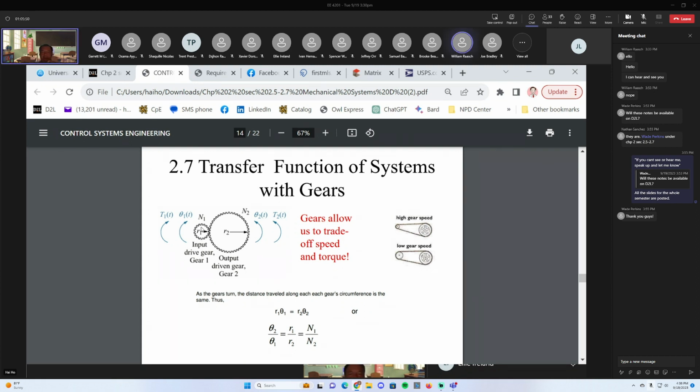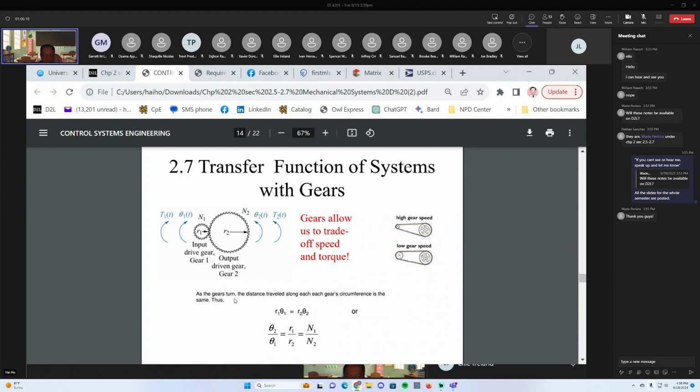Is the radius to the base of the teeth or all the way out to the teeth of the gear? I would say to the circumference, approximately. As long as you're consistent, that's what's meant. Oh, okay. Thank you.